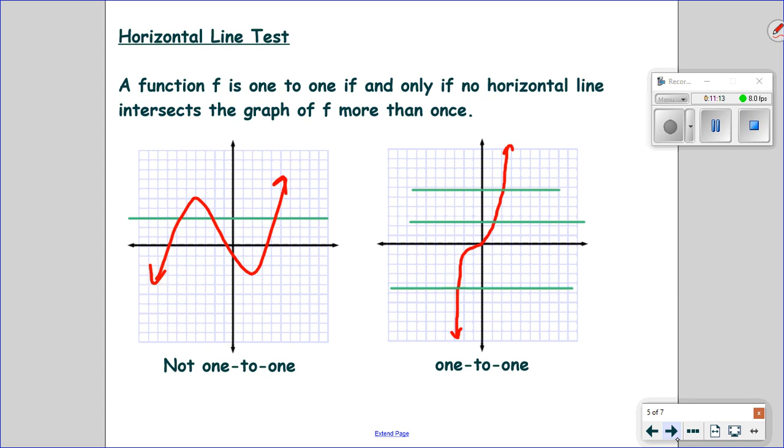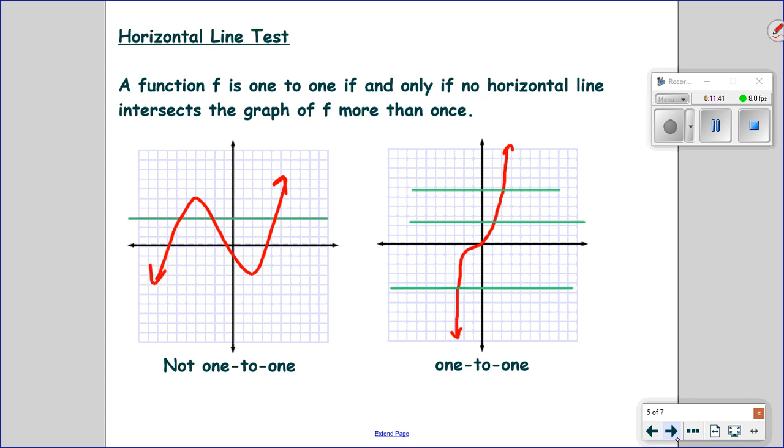All right, graphically, there is a test that we can do to determine one-to-one functions, and it's called the horizontal line test. Now, you might remember that we use the vertical line test to determine if a graph is a function, and so both of these graphs would pass the vertical line test. Okay, so both graphs are functions, but they're not both one-to-one functions.